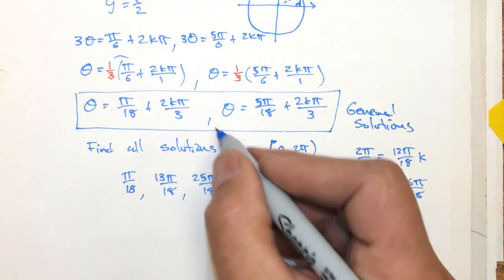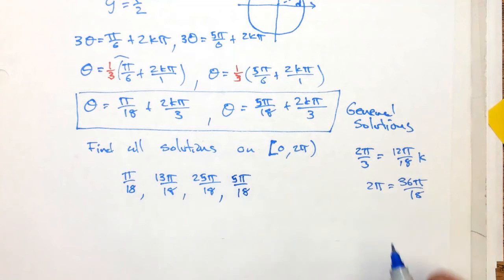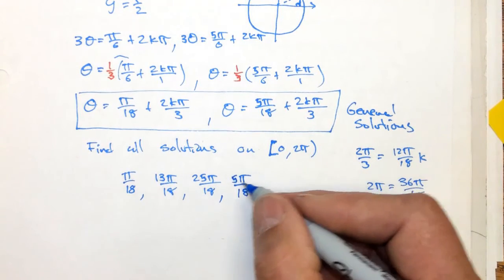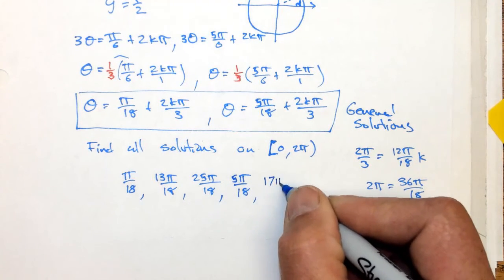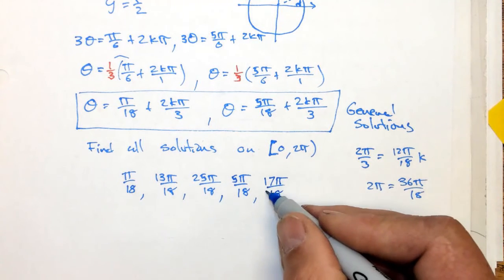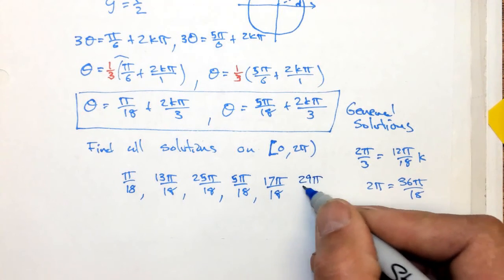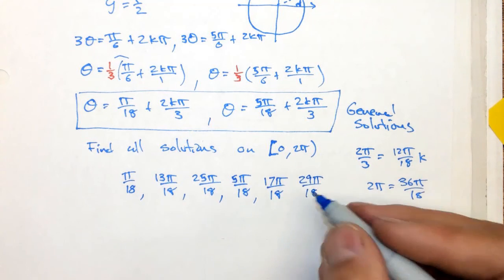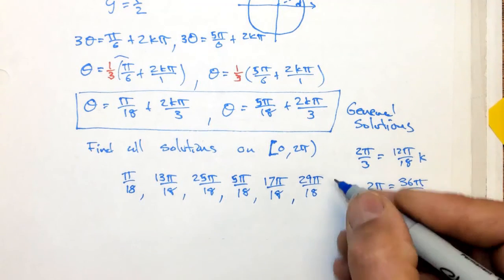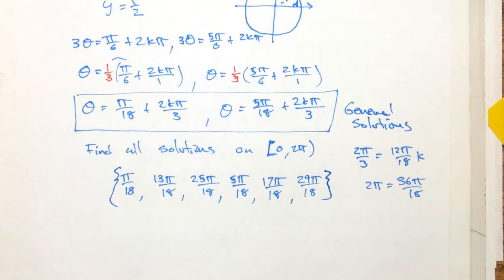Now I'm going to take my other solution, which is 5 pi over 18, and I'm going to add 12 pi over 18 to that. So plus 12, 17 pi over 18, plus 12 is 29 pi over 18, and plus another 12 gives me beyond 36 pi over 18. So these are my solutions that are on the unit circle.